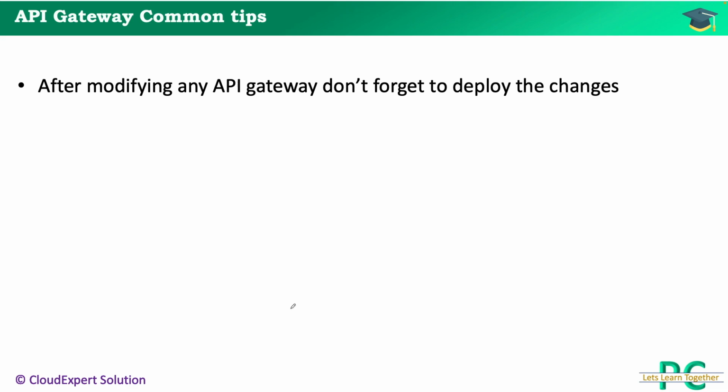Multiple times you may encounter a scenario where your changes are not reflecting in the new version. Make sure that you have deployed that change. It is a common mistake. Same applies to Lambda as well. When you are performing any Lambda code changes, not only do you save that change, you have to deploy that change. Then only will that change be reflected in your new Lambda function version.